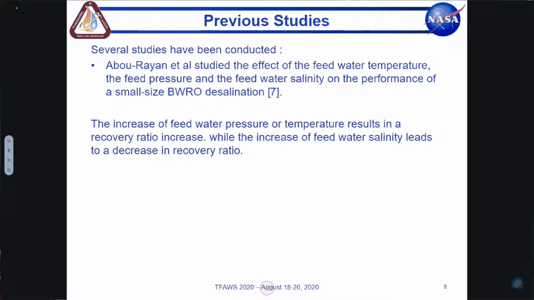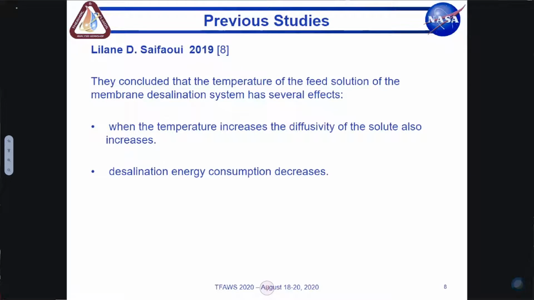He studied the effect of the feed water temperature, feed water pressure, and feed water salinity on the performance of a small size brackish water reverse osmosis desalination unit. He found that an increase of feed water pressure or temperature results in a recovery ratio increase, while an increase of feed water salinity leads to a decrease in recovery ratio.